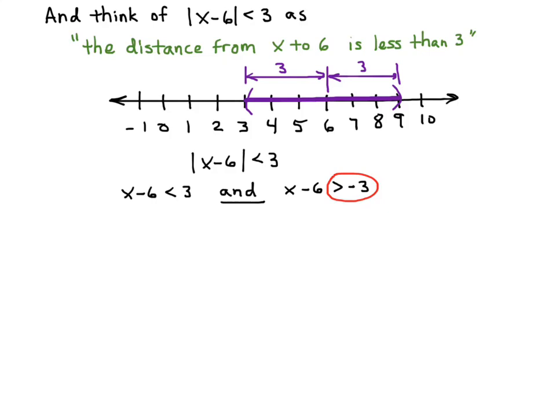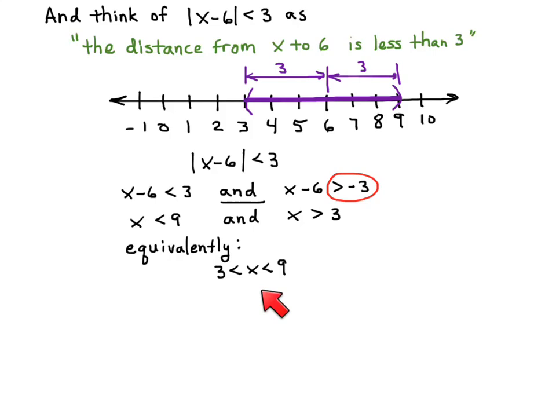So this and is going to be crucially important because both of these have to be true, not just one of them. And so the arithmetic here is very similar. We get down to x is less than 9 and x is greater than 3, and you can condense that into one inequality statement like this, where you say 3 is less than x is less than 9.